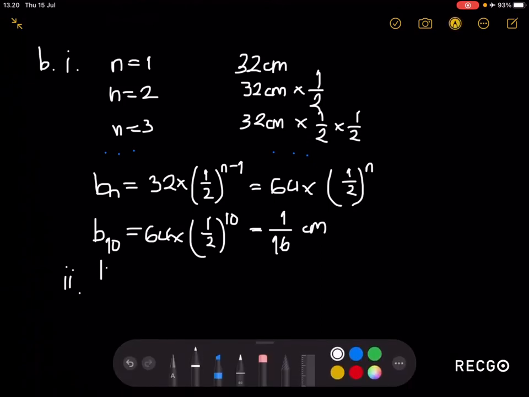One can solve it using limits: the limit as n goes to infinity of b_n, or 64 times a half to the n. If you plug in n equals infinity, a half to the infinity is essentially multiplying a half an infinite number of times, which approaches 0, and 0 times 64 is 0. So this will approach 0.